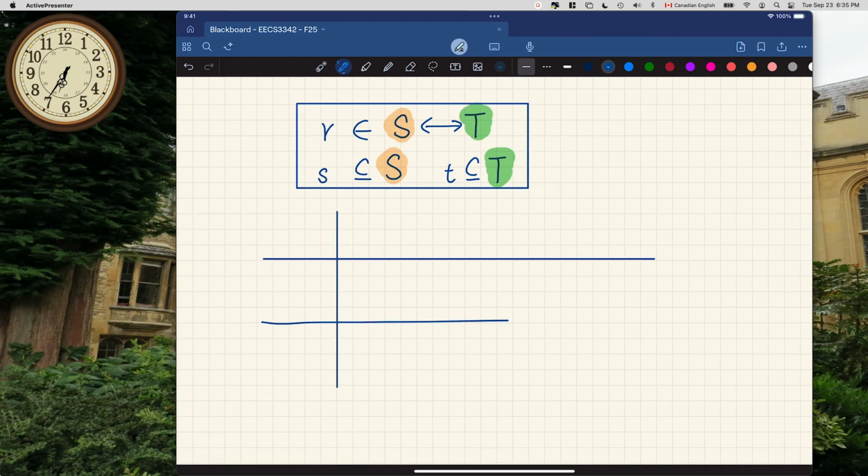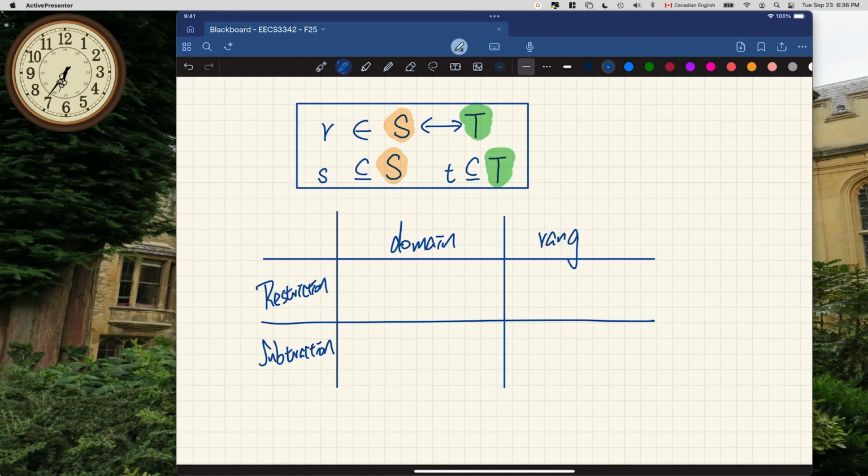We've got restriction, also subtraction, restriction and also subtraction, and also we got domain and also range. You will see the full definition also on the slides, but I'll just talk about symbols first. So there are four operators here. We can either say domain restriction, domain subtraction, or we can say range restriction or range subtraction. We've got four operators in total.